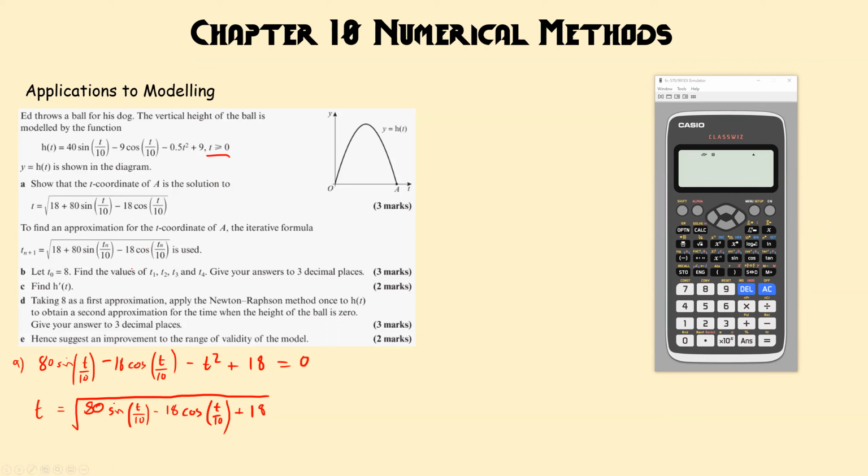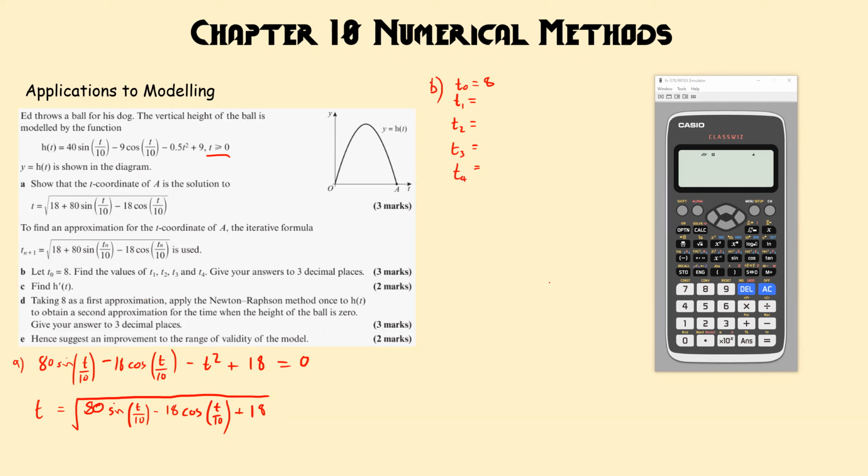To find an approximation for the t coordinate of A, we've got this iterative formula that's being used. So let t naught equal 8 and then find the values. So we'll just do B up here and we'll put t naught equals 8. And we've got to find t1, t2, t3, and t4. Actually quite a few.